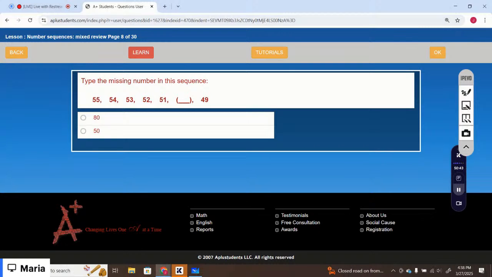So, which is the next number? 50 it is. The next number in the sequence is 50.